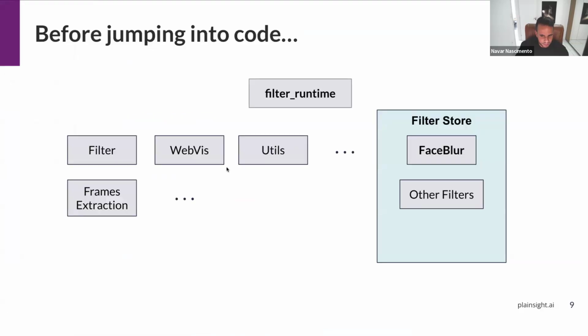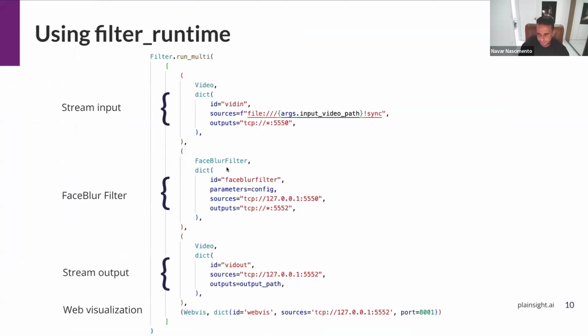Inside of the filter runtime, we have this concept of a workflow. It's a very easy and elegant way to build your filters. If you are familiar with the concept of chains, you basically have a very elegant way to plug chains together. For instance, you have your stream input, which is basically our reading data.